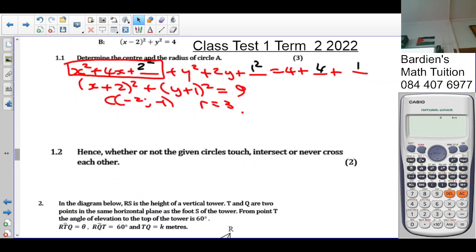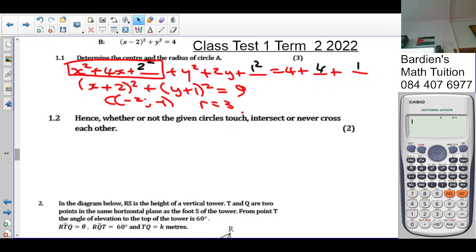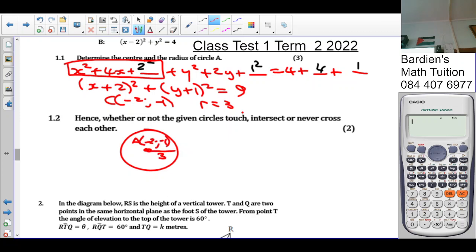We are then told in 1.2, hence, determine whether or not the given circles touch, intersect, or never cross each other. That is the case where we have in the circle A, the center is negative 2 and negative 1 with a radius of 3, whilst the other circle has a center of 2 and 0 and a radius of 2.